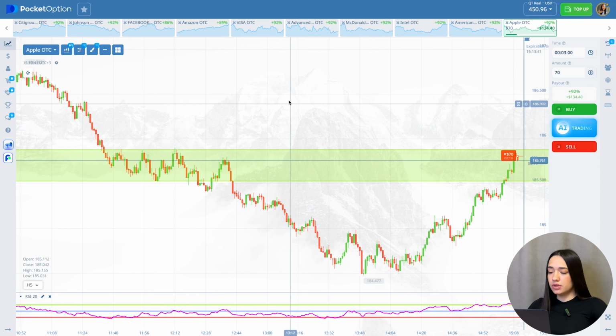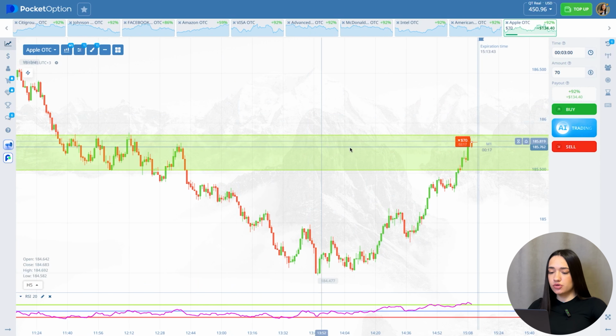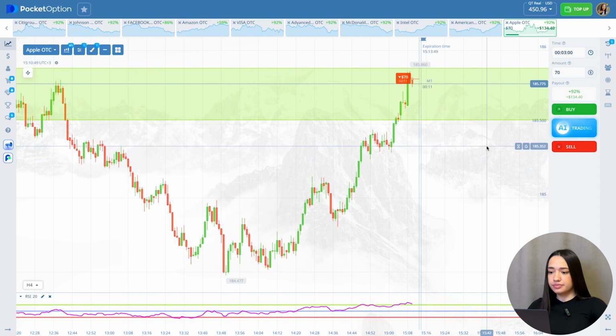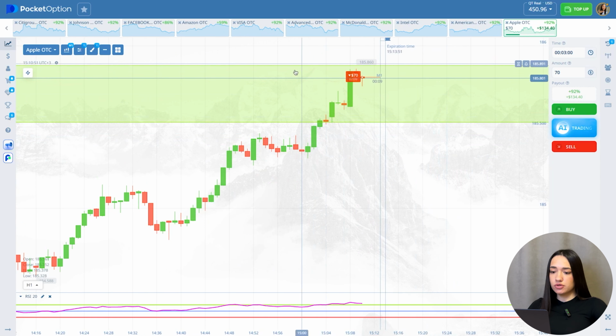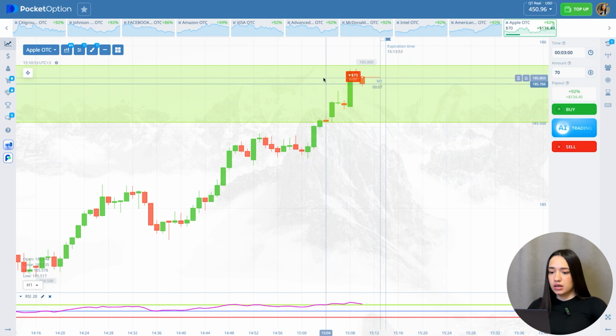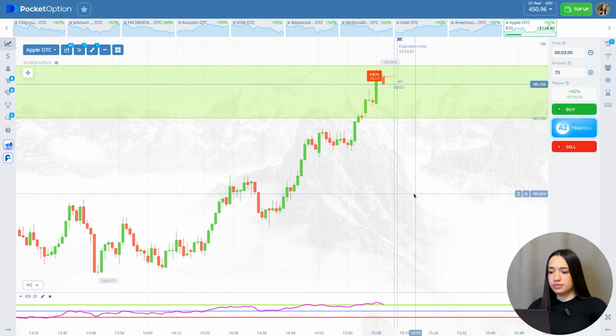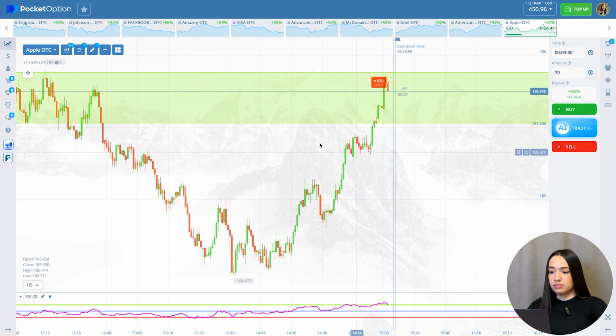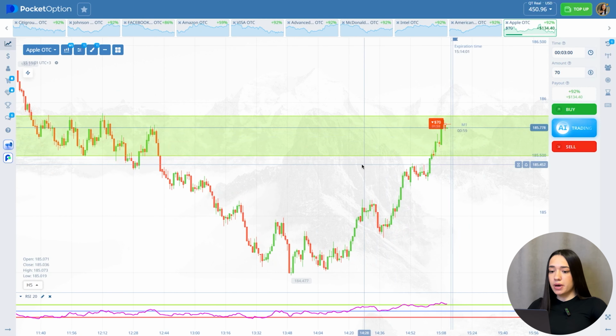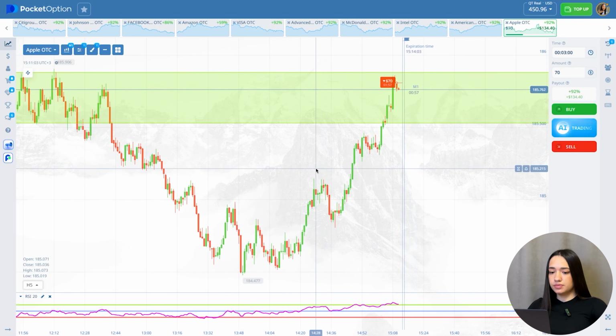Therefore, when the price returns to this previous range, we should expect high trading activity again, as many traders will trade the bounce from the level, while others will trade the breakout. And in this case, we are trading the bounce from the level.